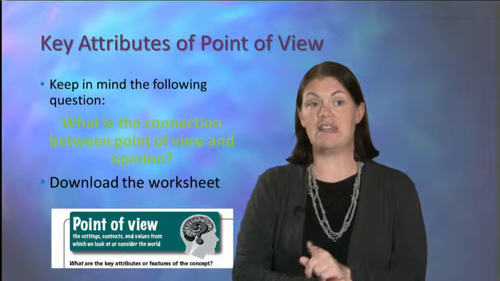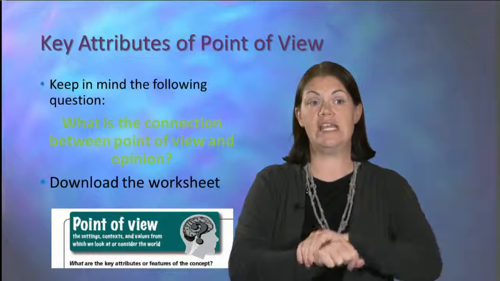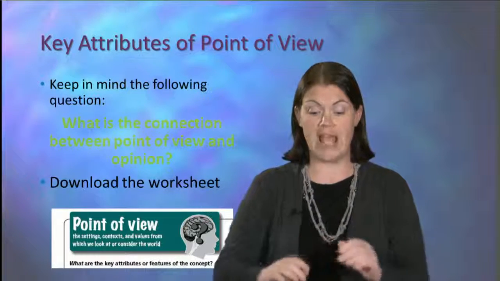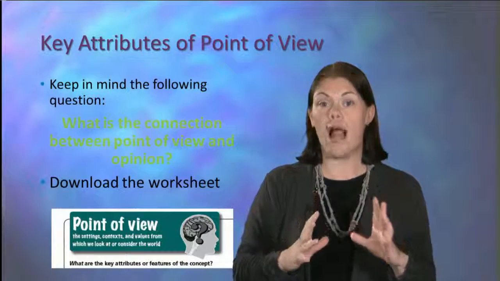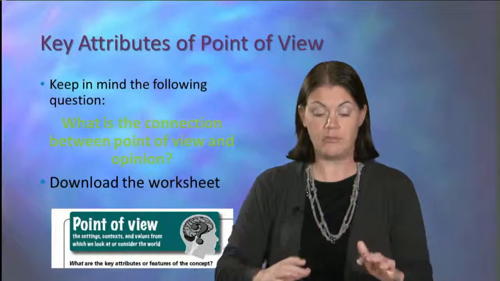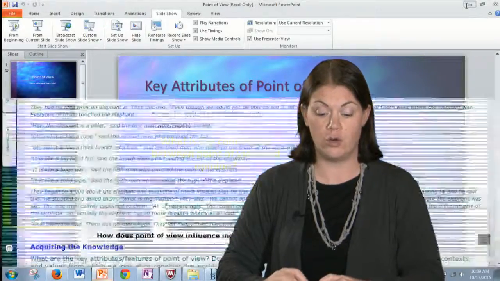In the assignment, the very first thing that you need to do, underneath the blind man story, is the first download, okay? This is going to help you create a framework around point of view. I just want to make sure that you're downloading the correct one.